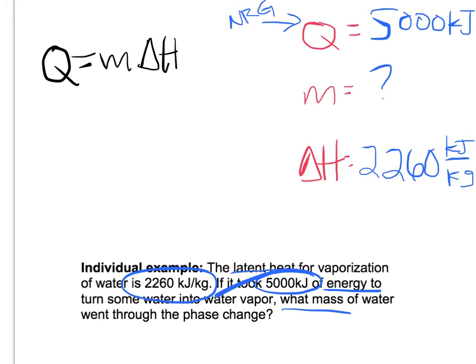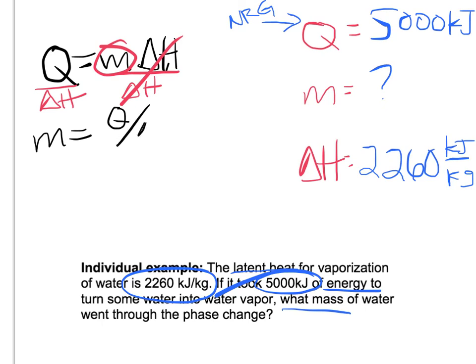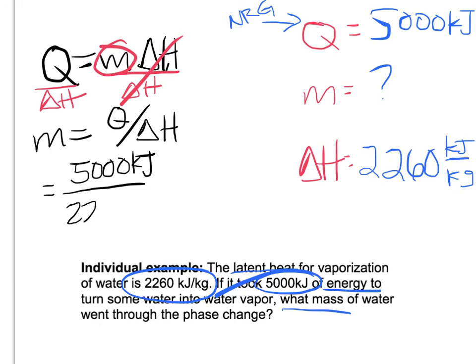So I'm going to solve this for M. In order to do that, I need to divide both sides by delta H, because if I do that, my delta H's cancel, and I'll be left with just M, which is what I want to be left with. So M equals Q over delta H. Plug in to get my final answer: 5,000 over 2,260.